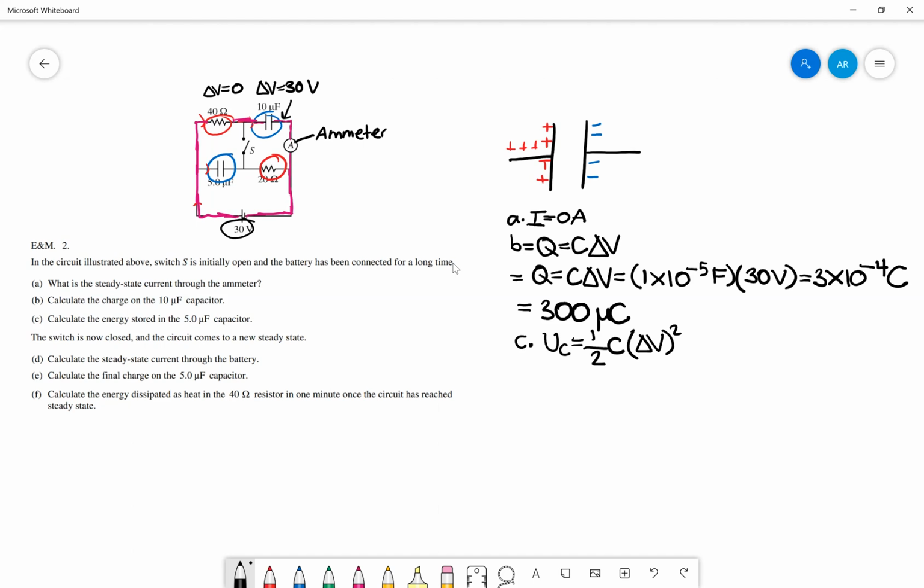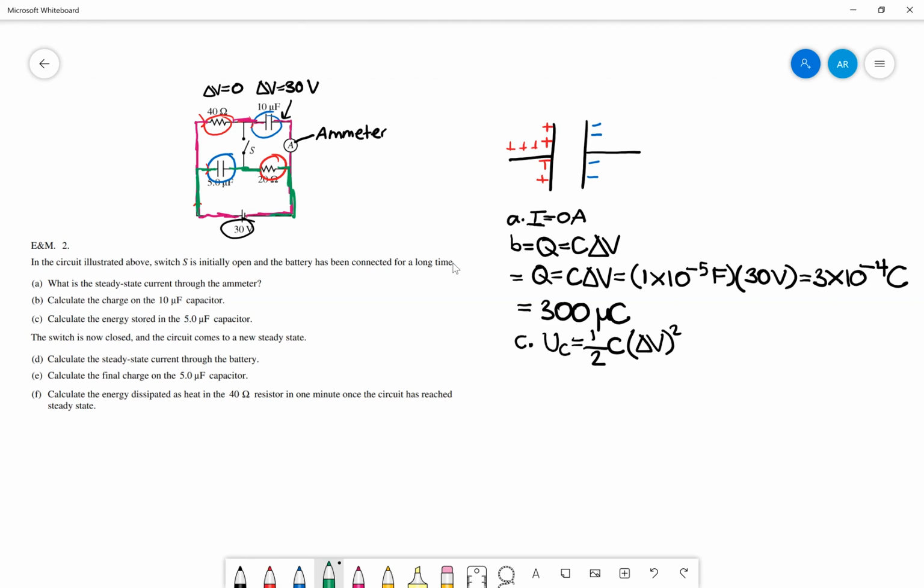What it basically says is that the sum of the voltages across any closed loop in a circuit must be equal to 0. We're going to look at this green loop over here.